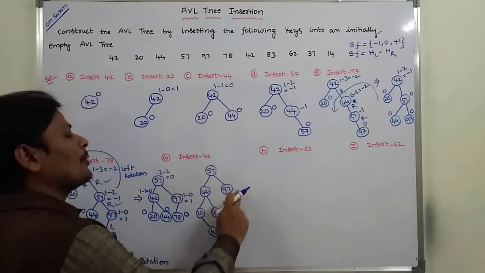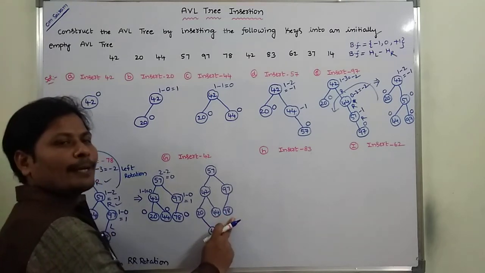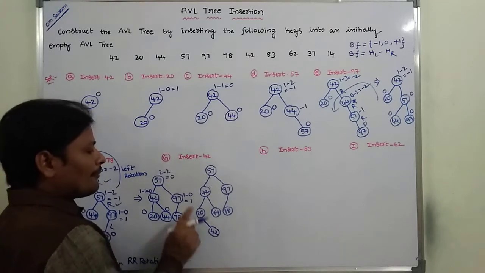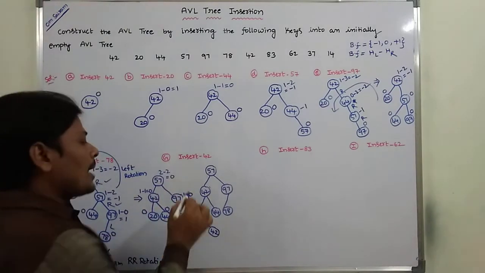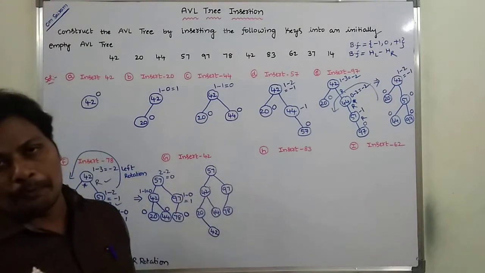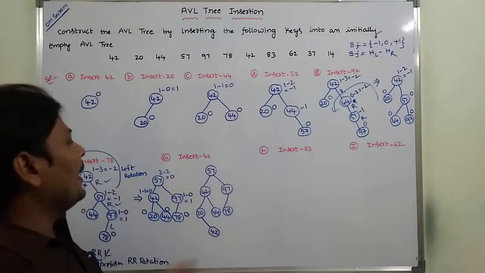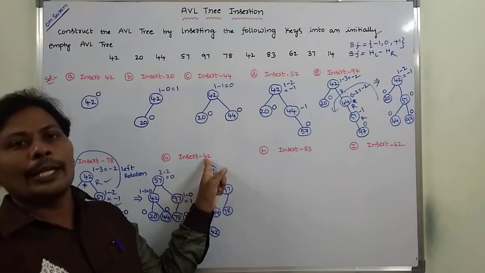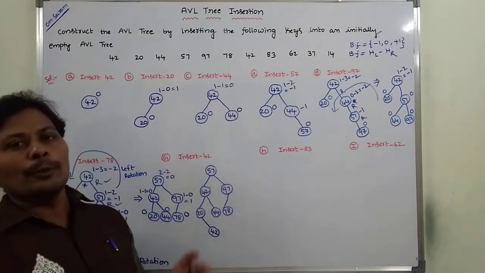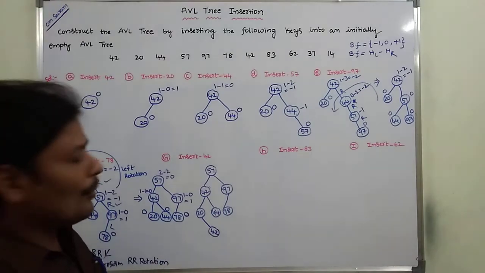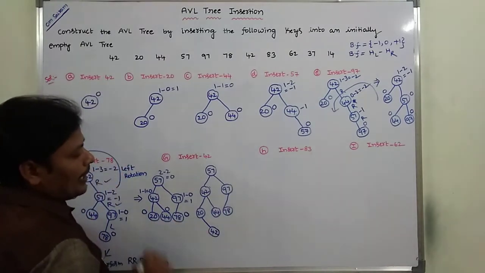Only one time, count value 1. 78, how many times occurred? Count value 1. But 42 occurred 2 times, so its count value is 2. This is another procedure. I am following the first procedure: if any key value is equal to the node value, it is inserted on the left side. Okay, now this is what we are getting.